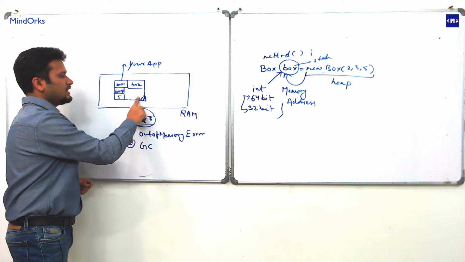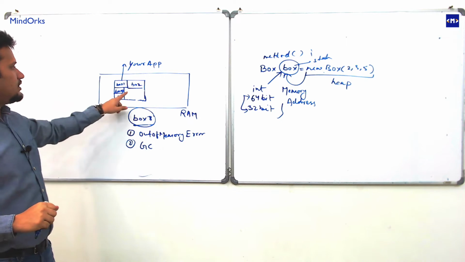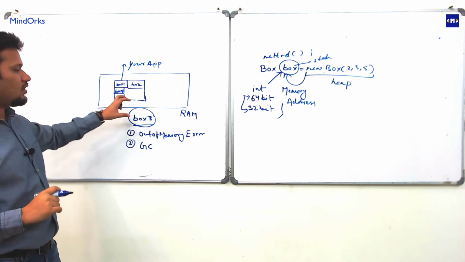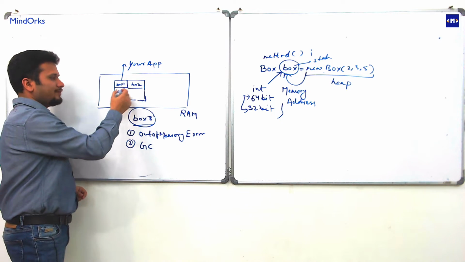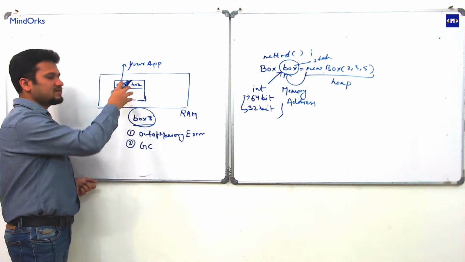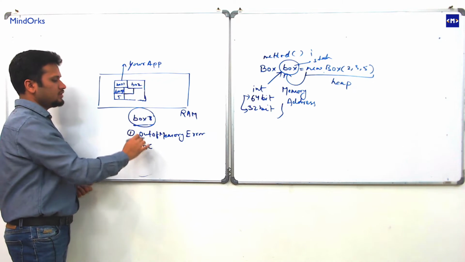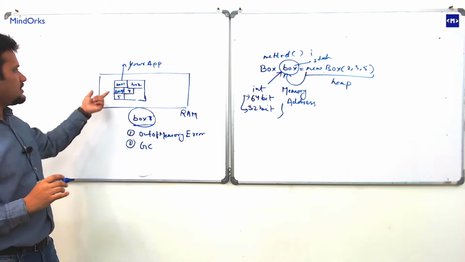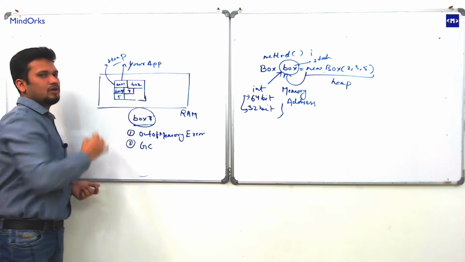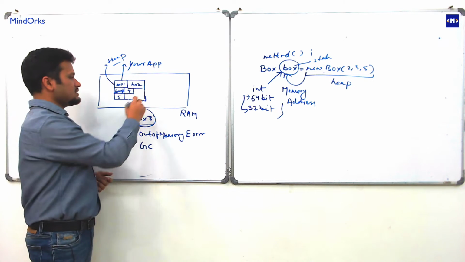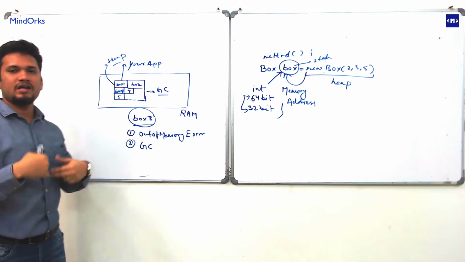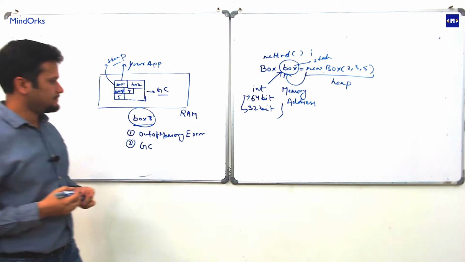So it will clear the space, remove those from the memory, and it will also rearrange the objects, called compaction. So with compaction and removing the objects which are not required in the application, it creates the space so that you can store your new box. So this is the management of your heap. Garbage collection is the management of your heap space so that your application can create the objects it requires.